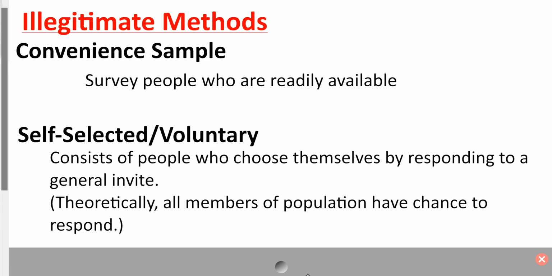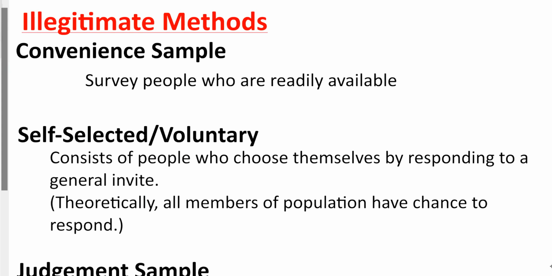It consists of people who choose to respond, so they choose themselves by responding to a general invite. Theoretically, all members of the population do have a chance to respond, but they're self-chosen. And this is normally not good. There's usually some sort of bias in opinions.